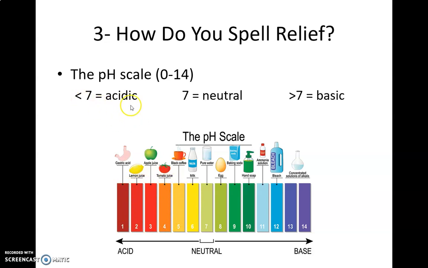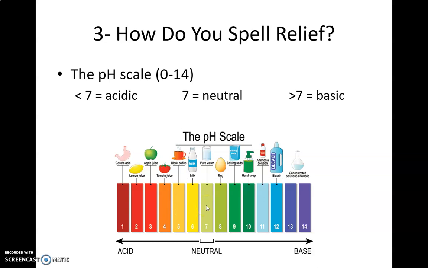So you can see here I've written anything that has a pH of less than 7 is considered acidic. Now, the things that are most acidic are going to be the things that are furthest away from 7. So over here, pH of 1 and 2, these are going to be much stronger acids than things that have pH of 5 or 6.